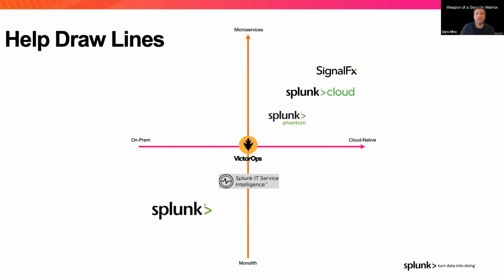So the first one is looking at Splunk technologies from an application architecture and cloud architecture perspective. So you have monolith to microservices, on-prem to cloud native. You could also think of it as going from heritage to modern architecture applications.